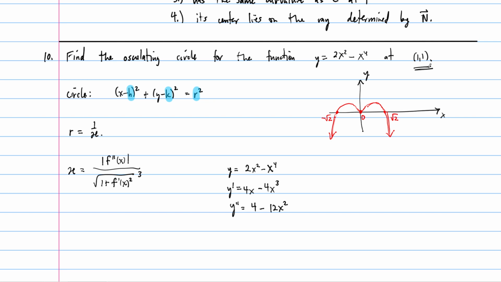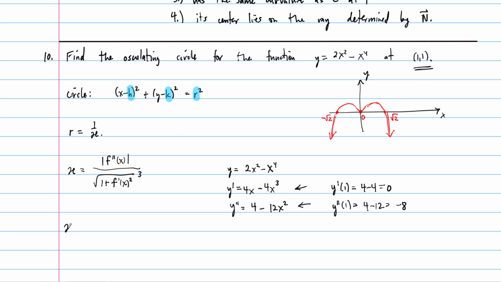So we need to plug in 1 for these things here. y prime at 1, or f prime at 1 if you wish, is 4 minus 4, so that's 0. And y double prime at 1 is 4 minus 12, that's negative 8, right?